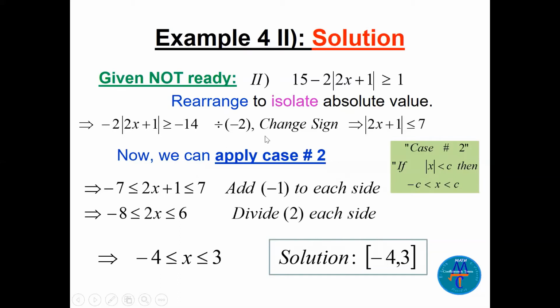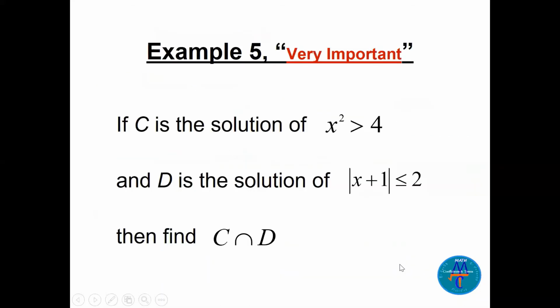So the absolute value will be less than 7. See, this is case 2 again. 2x plus 1 is the x here, the expression. So apply now case 2. 2x plus 1 between minus 7 and 7. Add minus 1, divide by 2. Closed because we have equal here. The solution is between minus 4 closed and 3 closed.